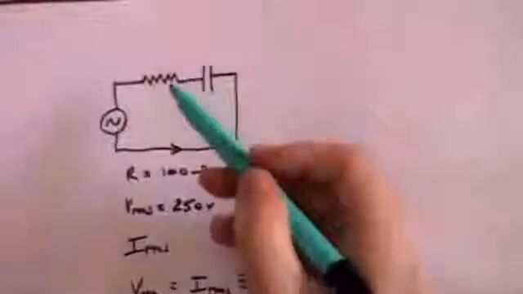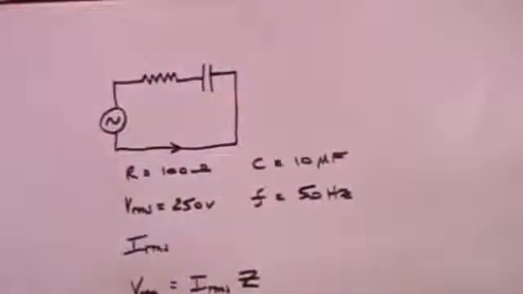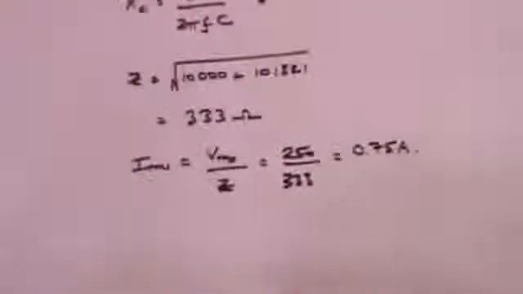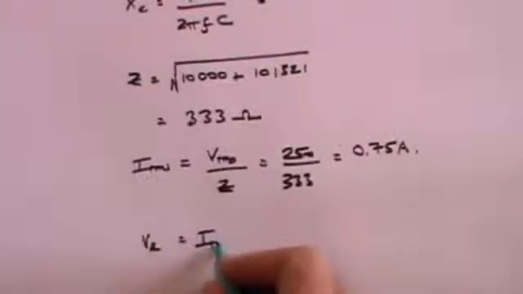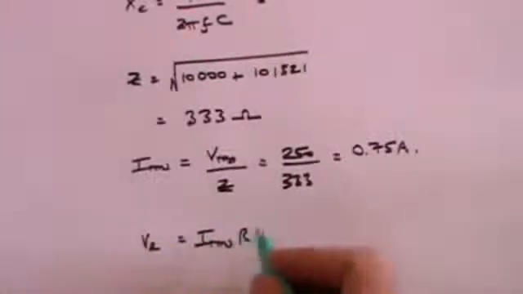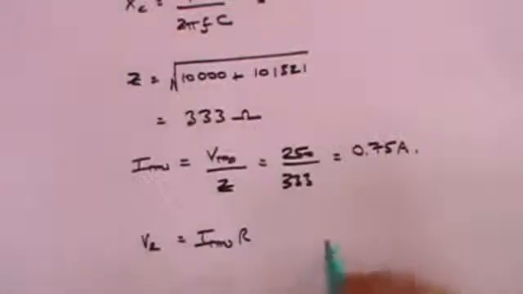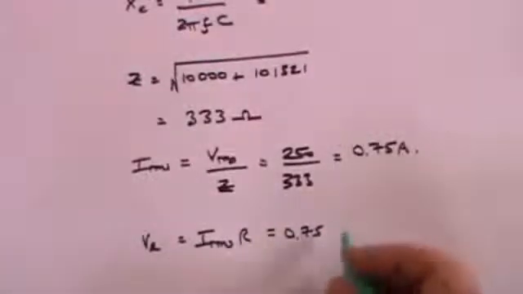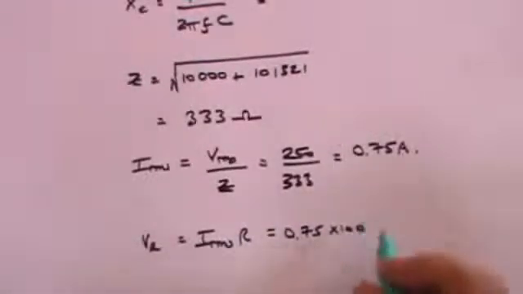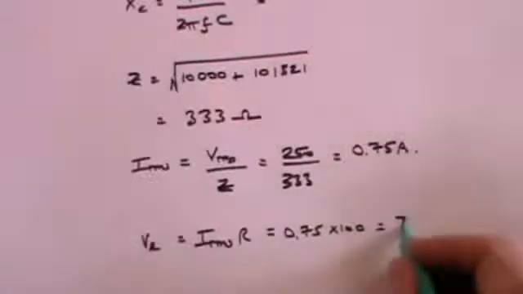But let's just go a little bit further and think about the voltage across the resistance. Well, the voltage across the resistance will simply be the root mean square current times the value of the resistance. Well, 0.75 is the current, we just calculated that, times 100 ohms, because that's the value of the resistance, and that's 75 volts.